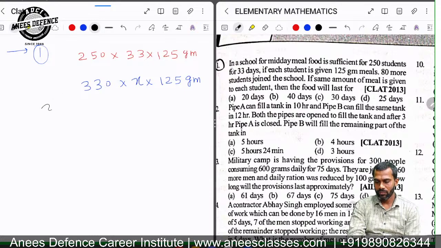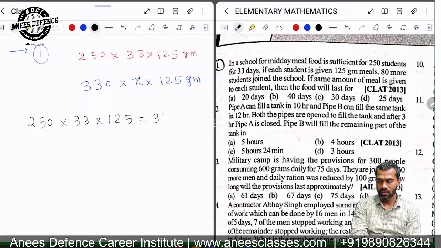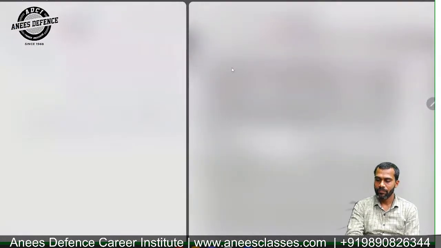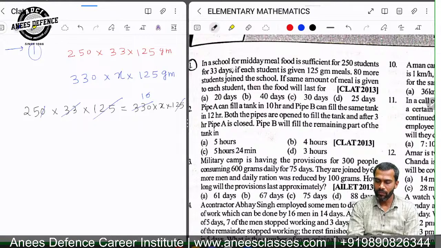So 250 into 33 into 125 is equal to 330 into x into 125, isn't it? Now, this 33 and this is 10 times, 0 and 0 will get cancelled. Now, 125 and 125 will get cancelled.